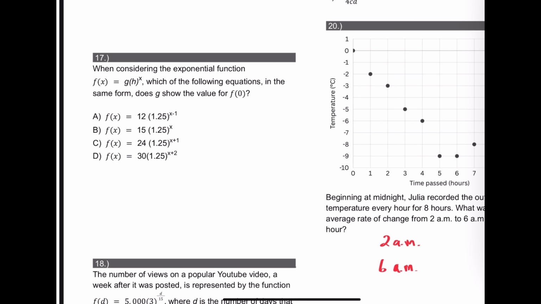So A, B, C, or D, when you plug in 0 for x, we're looking for one of those values to not change. I notice that when you raise anything to the power of 0, it really just becomes 1. Any number to the power of 0 is 1. So 1.25 to the power of 0 is 1, and that is going to give us an output of 15. Answer is B.